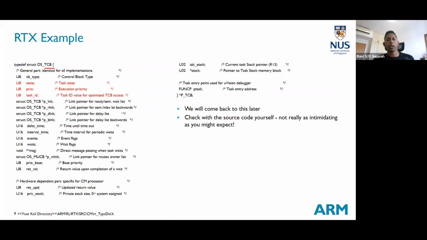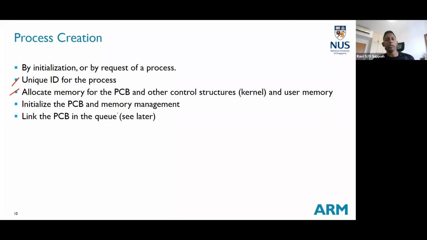You will have to allocate some memory for the process control block and other control structures, and the user memory. So whatever memory you need for your code, we will also allocate for you once you start a new task. Then you will initialize this task control block, and then you will link the task control block with the scheduler. That one we will look at later.